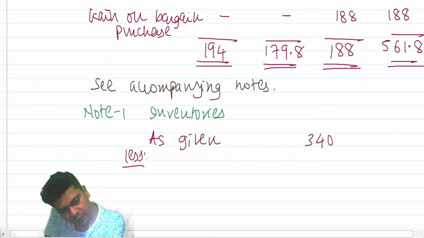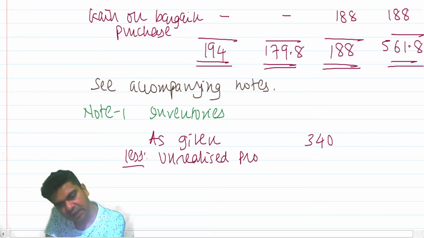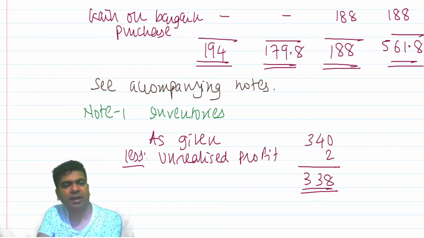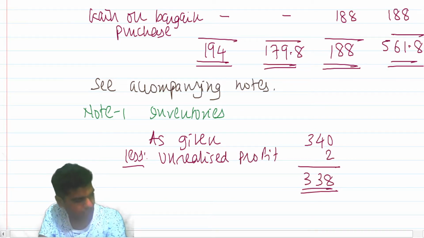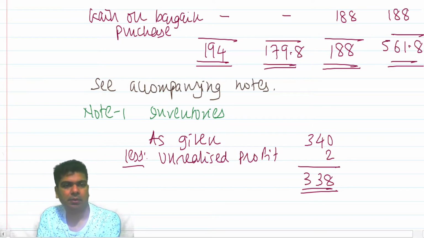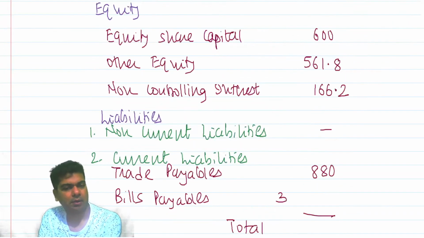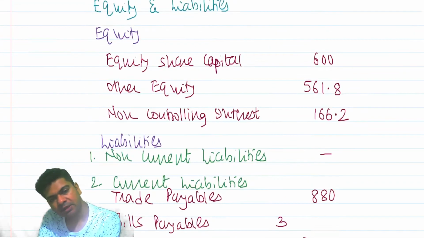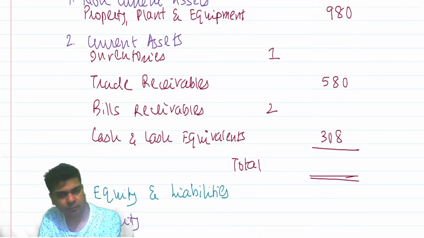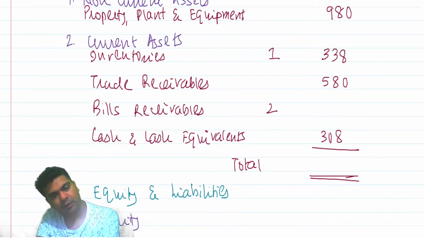Less unrealized profit. The inventory includes the unrealized profit of 2. 338. Posted in the balance sheet, $338.